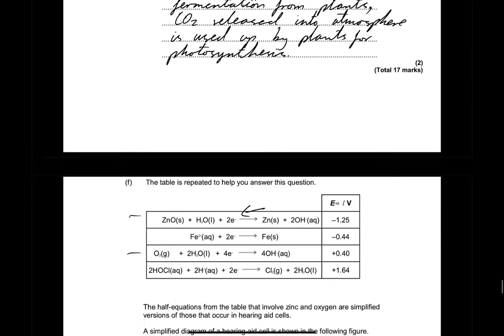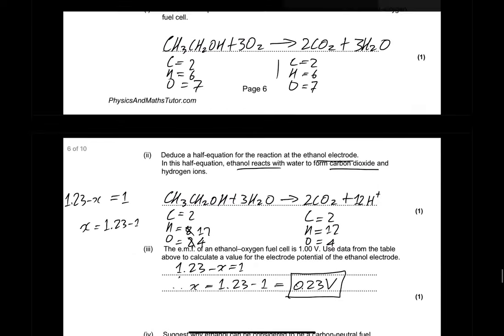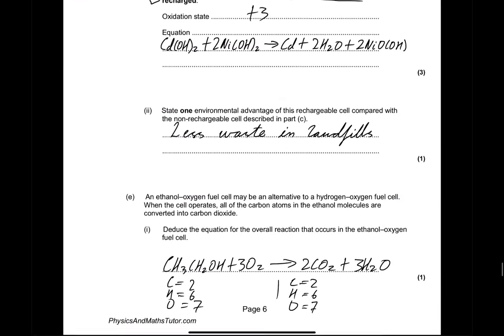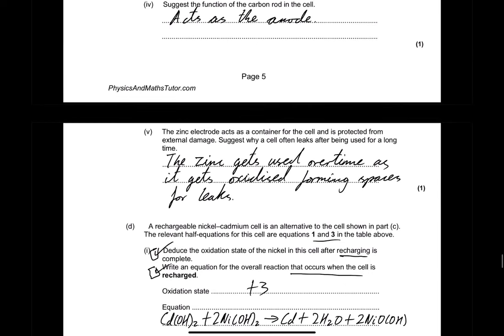Yeah. Just make sure you have better handwriting than me. There you go. That should be it.